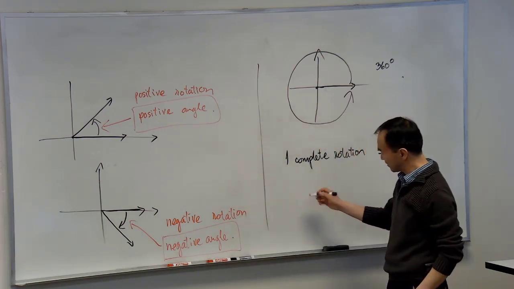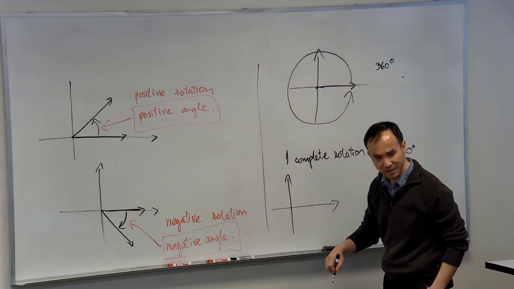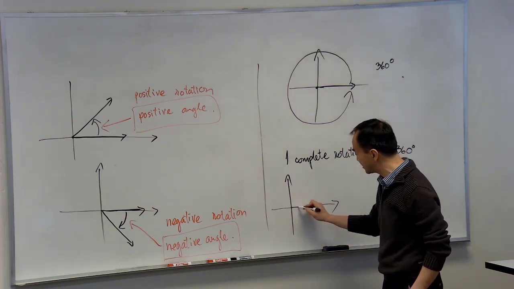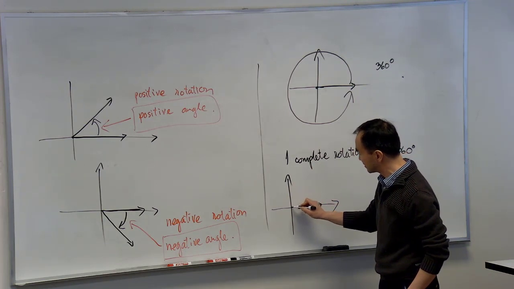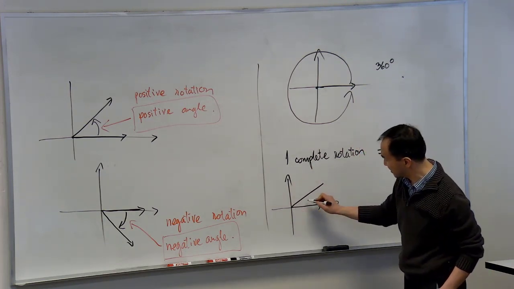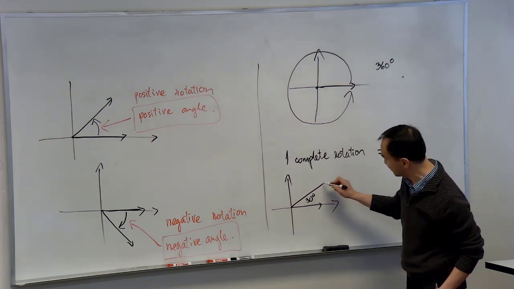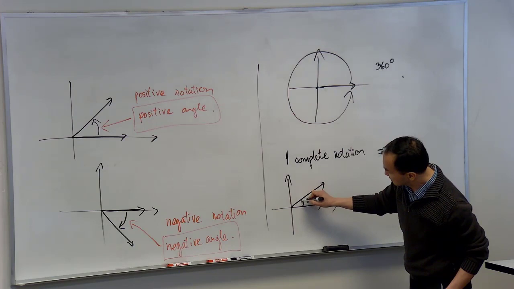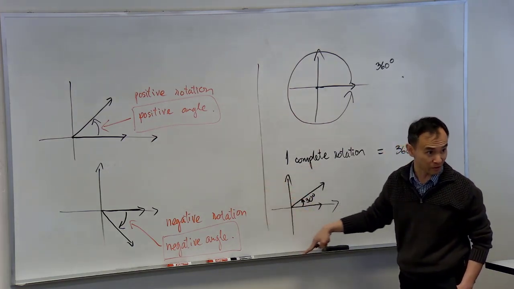So now think about it. Sometimes, prior to getting to this class, you talk about an angle in standard position and in a positive direction. Let's say an angle here is labeled as 30 degrees, a positive 30 degrees. That means we have rotated only a fraction of the complete rotation.